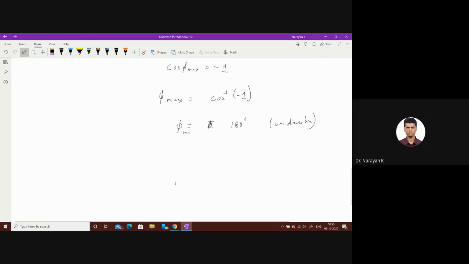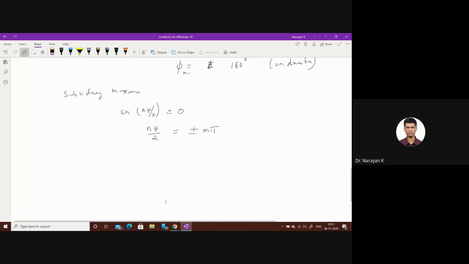Okay, next you have to find what is known as a subsidiary maximum. Equate sin n psi by 2 to 0. That is, sin n psi by 2 is equal to 0 means n psi by 2 is equal to plus minus m pi, where m can be any integer.